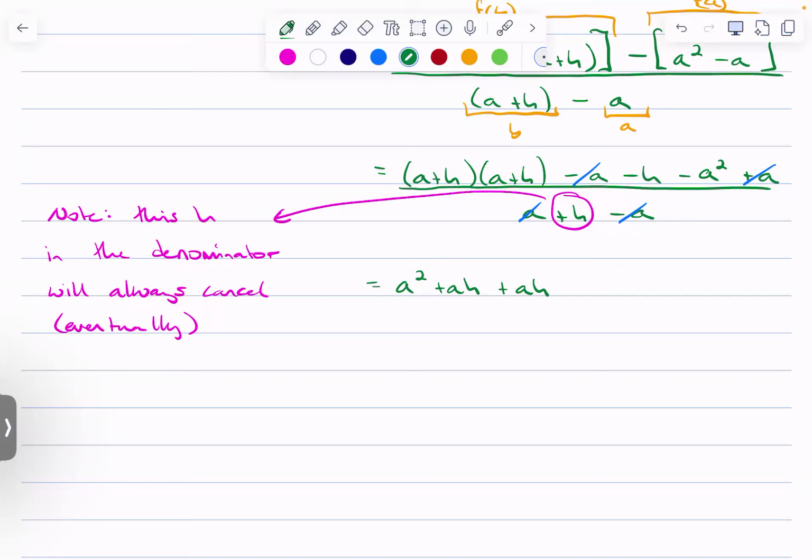I'm not very good at expanding, so I always write out the individual terms. But if you're good at expanding, go for it, you can skip that step. And then finally, plus h squared. And then I don't want to forget about my minus h minus a squared. And this is over h.